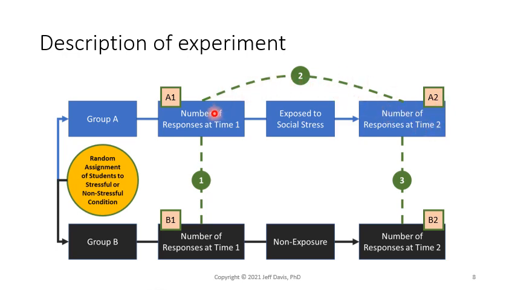That's going to be our second comparison. And then our third and final comparison is going to be between group A at time 2 and group B at time 2.